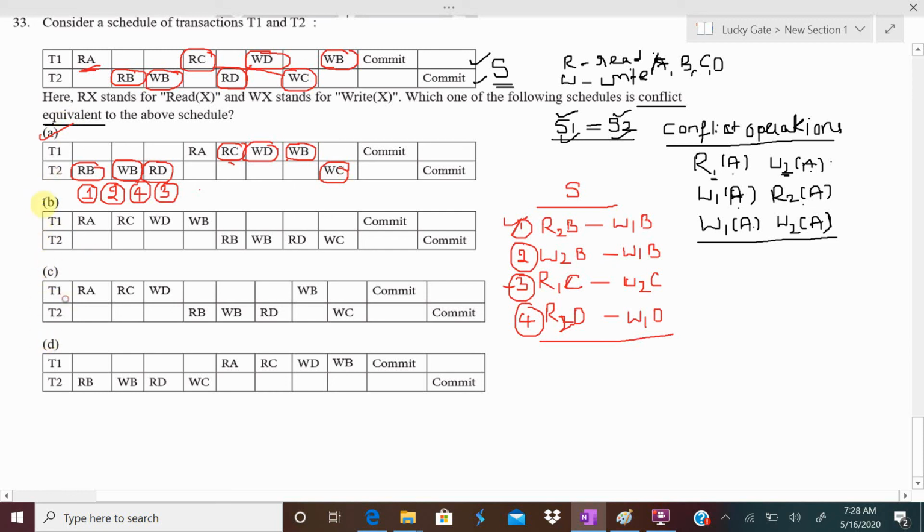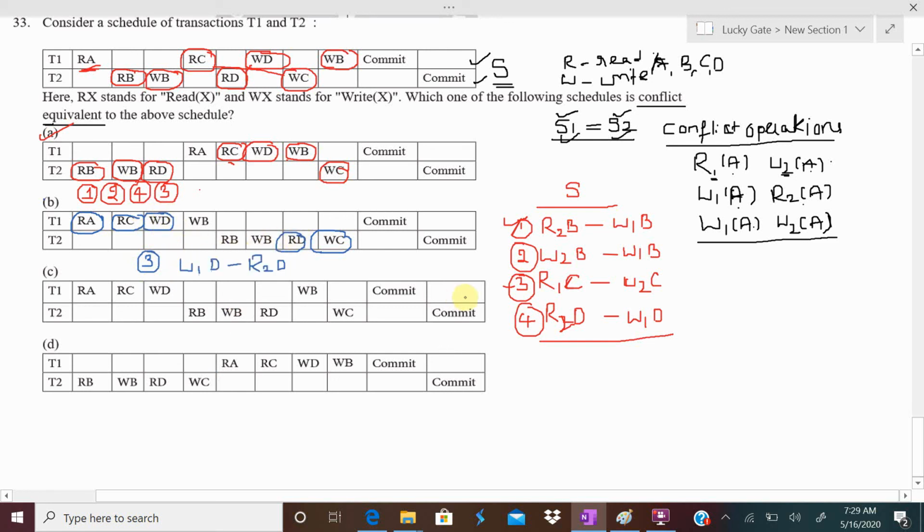Check why option B is wrong. In option B, read A does not have any conflict. Read C has a conflict with write C, means a conflict read 1C and write 2C. That is conflict 3 there in option B. And we have one more conflict, write 1D conflict with read 2D.